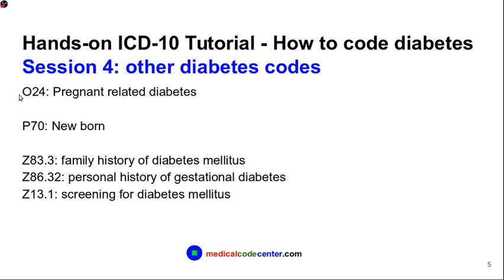So what's the difference between O24 and Z86.32? If the woman is currently pregnant and has diabetes, you use O24. If in the past the woman was pregnant and had diabetes, then you code Z86.32.